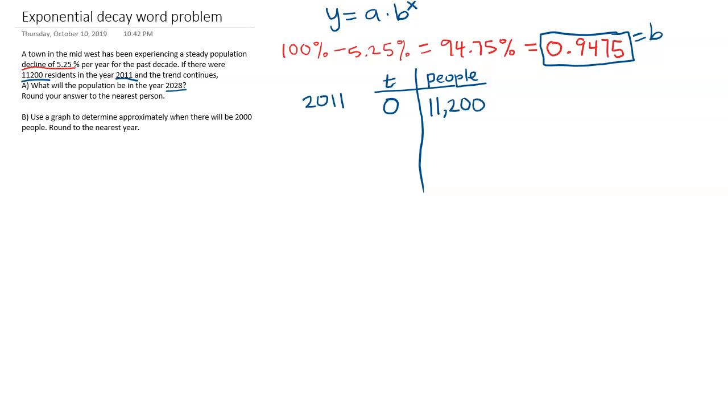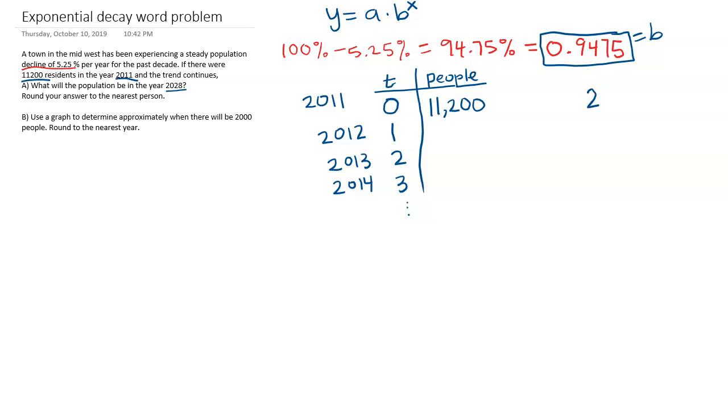So continuing this on, just to make sure it's clear to you, when t equals 1, that's really 2012. When t equals 2, that's 2013. t equals 3, that's 2014, and so on. And you could keep taking these all the way up, but really a faster way to figure out what our t is, is to subtract those two years.